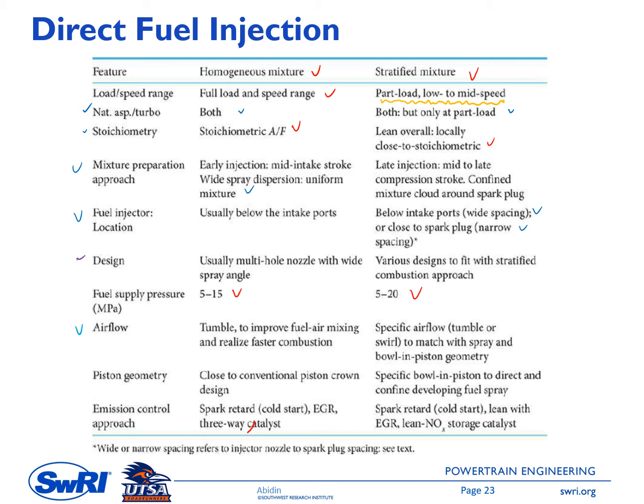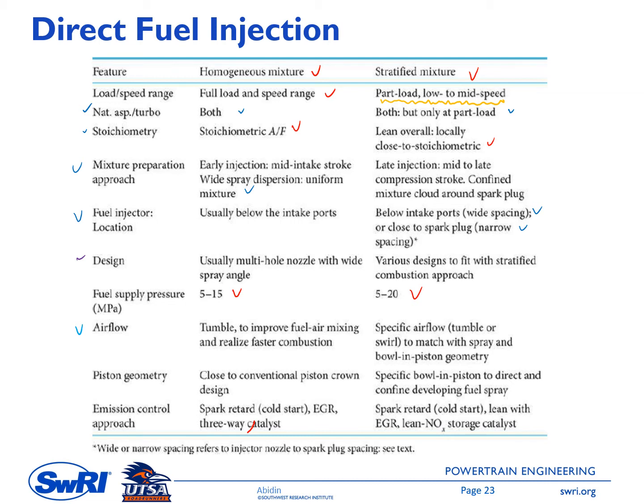The next one is looking at the airflow. For homogeneous mixture, usually we have a tumble type airflow. We will look at tumble, swirl, and so on in the next chapter. In this case, we have a rotation flow about the X and Y axes, which are perpendicular to the cylinder axis.